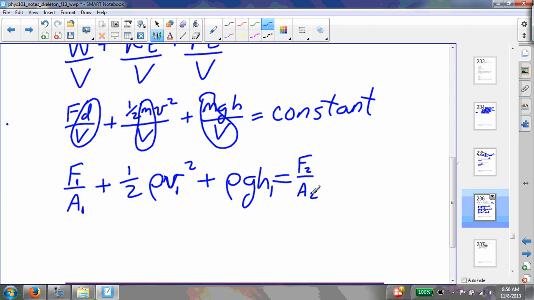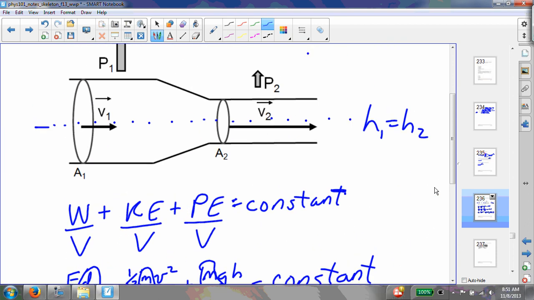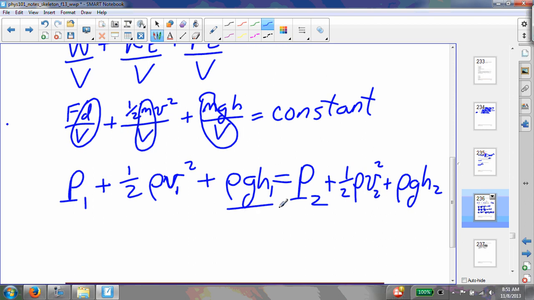So let's erase that. And I'm going to replace this F2 over A2 and F1 over A1 with P1 and P2 plus 1/2 rho V2 squared plus rho g h2. Now in this case, for the example that I had up here, h1 is equal to h2. So these two terms are going to go away because they're equal. They can cancel out. All right.